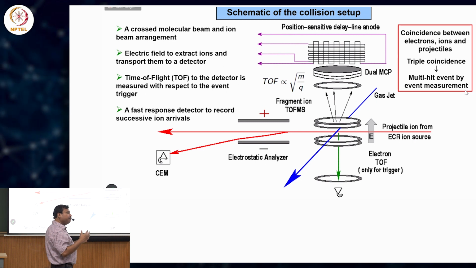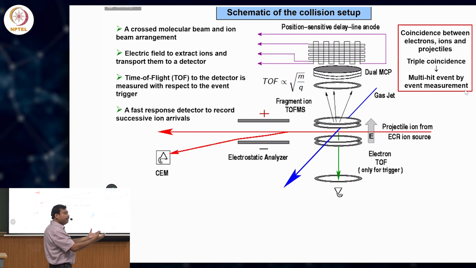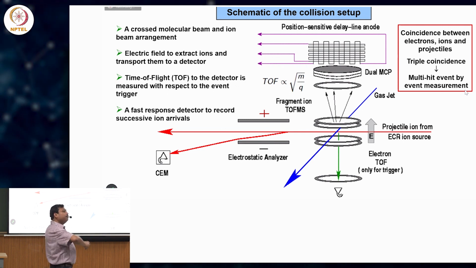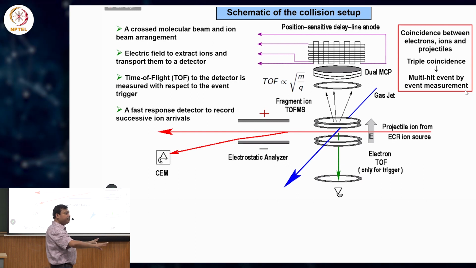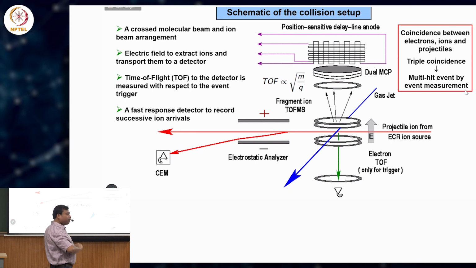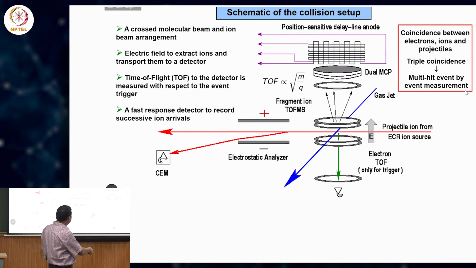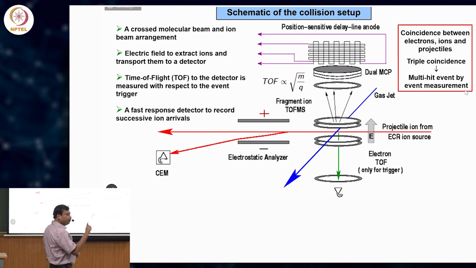Your detection of those ions will be a lot better than detecting electrons, because the more you have dissociated, the more electrons you have released, and the electron trigger probability goes high. But here it doesn't depend upon how many electrons you have released. You just have one electron capture from the molecule.